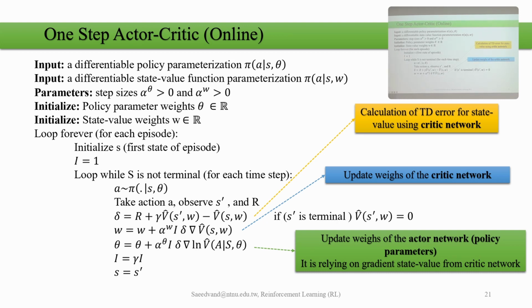This predicted value gradient times the TD error, times the learning rate, and some value of I that we will calculate down there can help us to update our critic network weights.